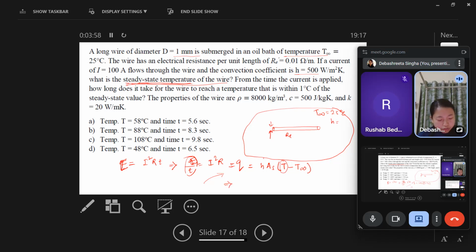Okay, so how do you find this out? I square R divided by H AS is equal to T minus T infinity. So T is given by I square R divided by H AS plus T infinity.